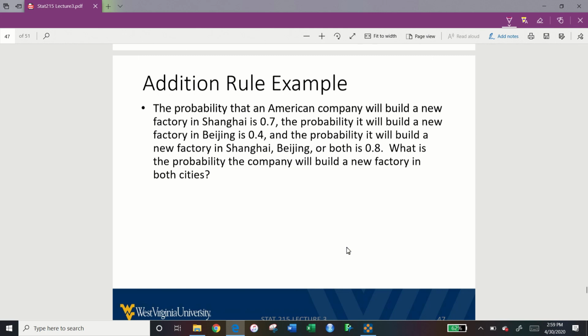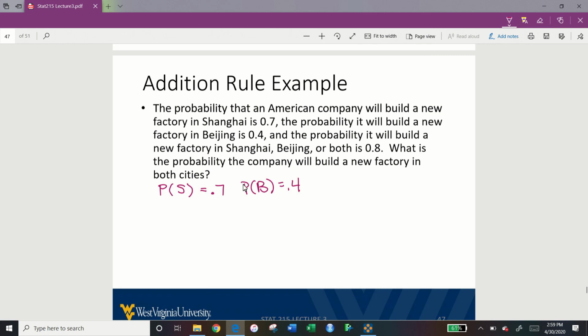All right, so when I'm doing these types of problems, I like to write out everything first. So I'm going to let S, in this case, be Shanghai, just to keep things a little simpler. So we know that the probability that the factory is built in Shanghai is 0.7. The probability of it being built in Beijing is 0.4. And we know that the probability that it will be built in Shanghai, Beijing, or both is 0.8.